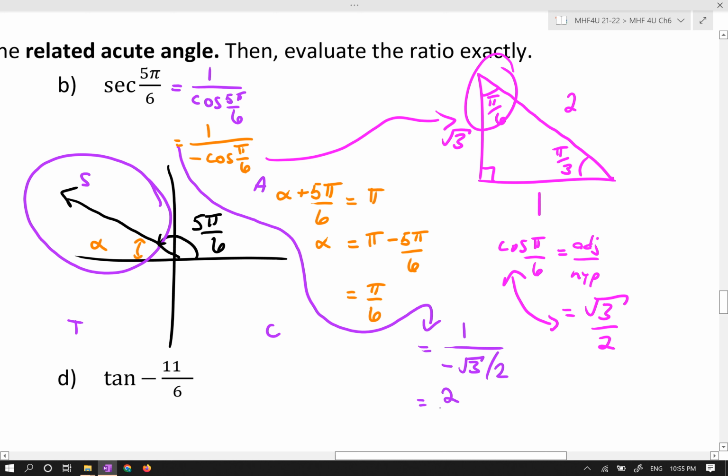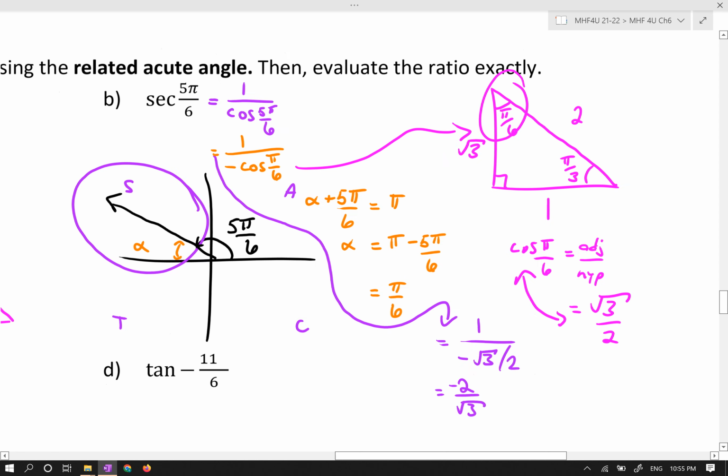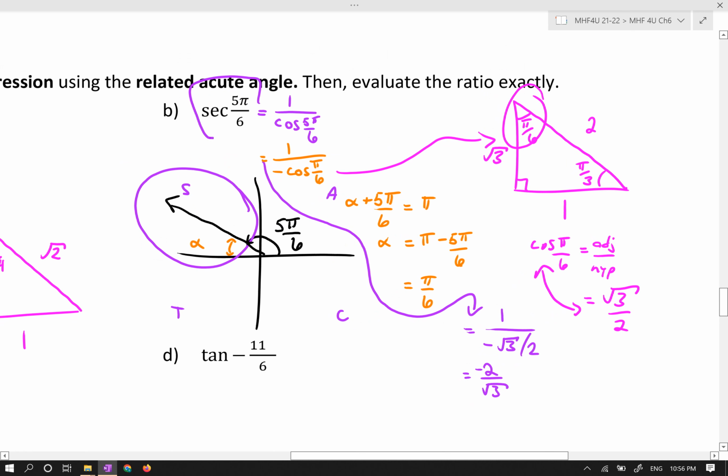And that's equal to negative 2 over root 3. All right, well done. So this is how we evaluate whether we're using a reciprocal angle or a reciprocal ratio or a primary ratio. We follow these same steps.